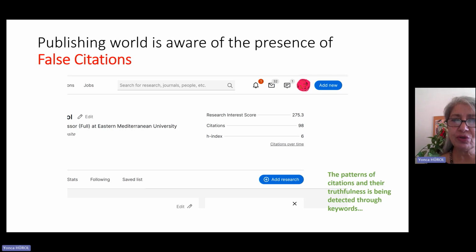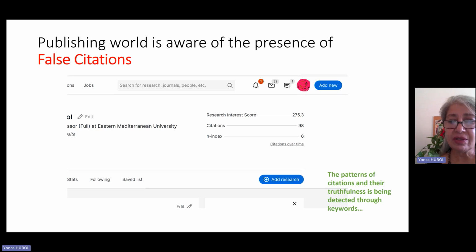The publishing world is also aware of the presence of false citations. People are somehow getting organized to cite each other to increase their citations. You know, the citations show that a research is very useful for others.